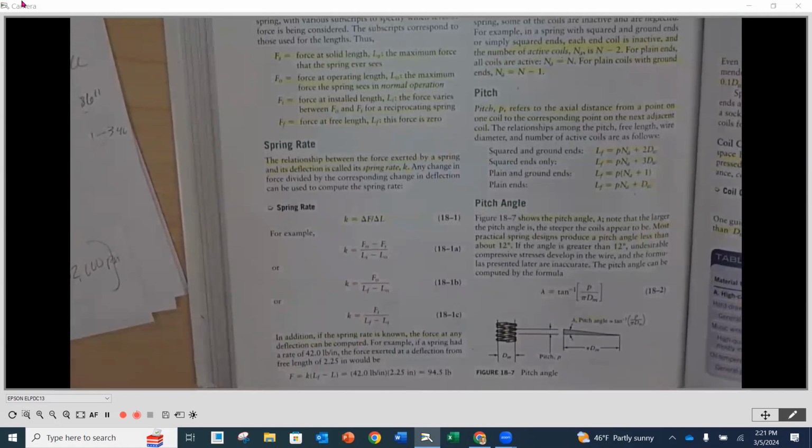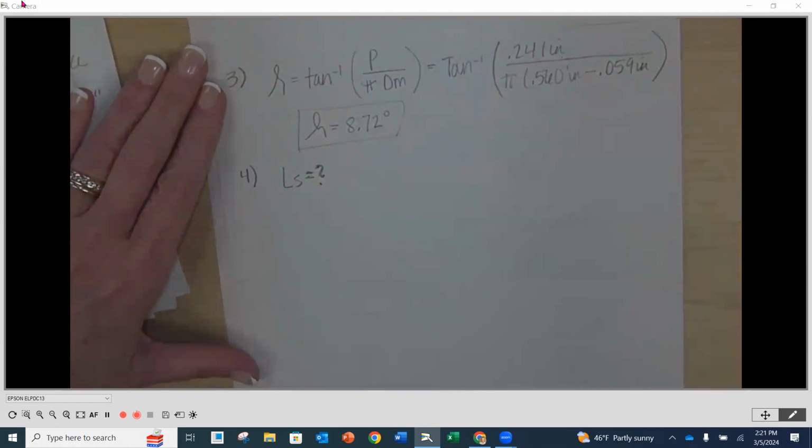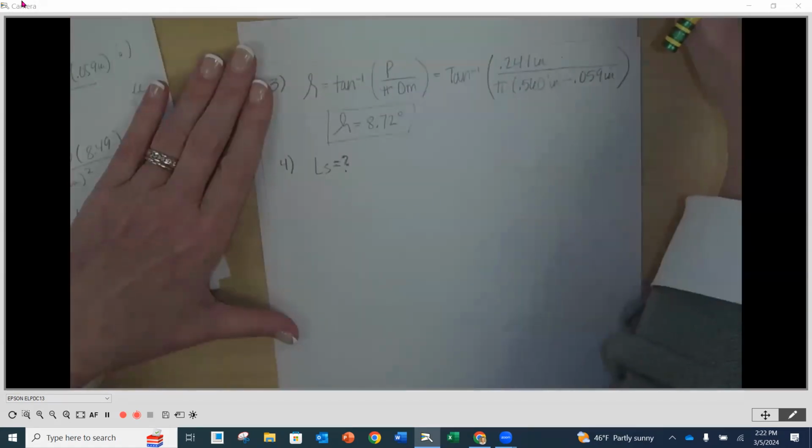If the solid length is when everything collapses, and you know how many coils there are, 19, and you know how thick the wire is, 0.059, you multiply those two together, there's your solid length. Not in the book, but you get at it by thinking about it.